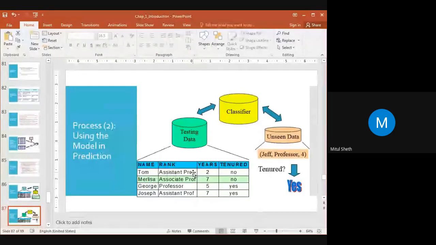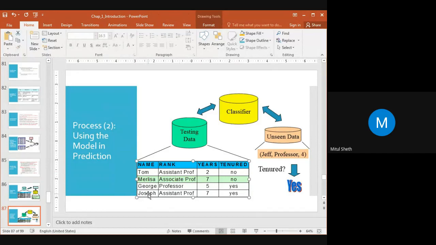So I am giving one data: rank is assistant professor and how many years of experience? 2 years experience. So I'm giving this data to my classification model, and it provides me the answer. Okay, I cannot hire, because of less experience or whatever.